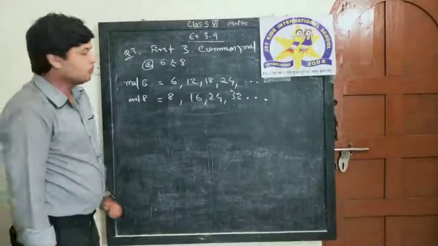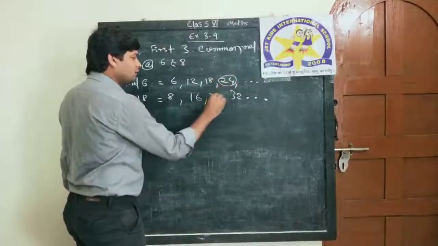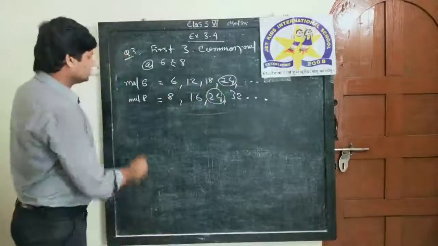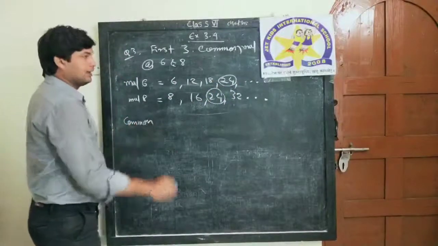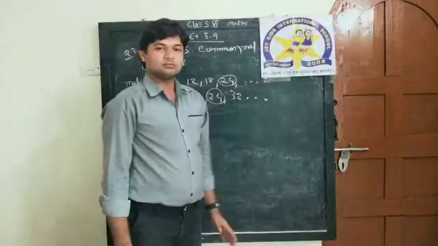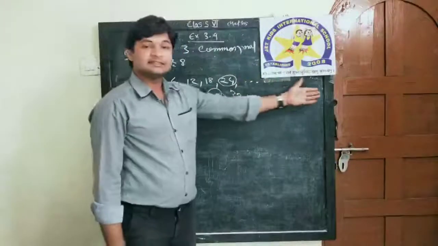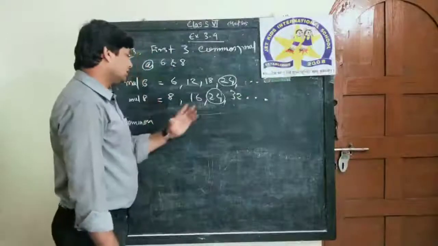I gave you a trick already. This is 24. I can go on to 60, 72 and all from here also.